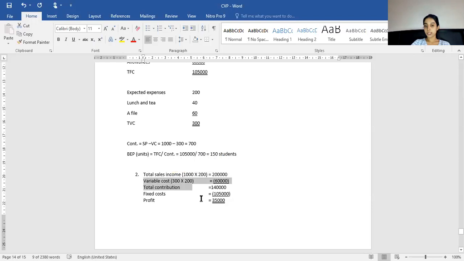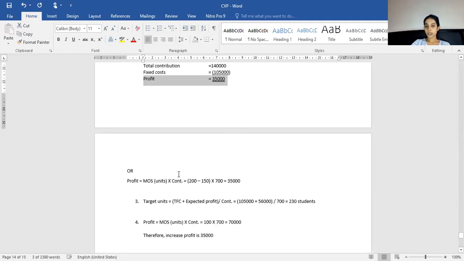Total variable cost is 60,000. And from that you can get the total contribution. When you deduct 105,000 of total fixed cost from that, you can get this profit of 35,000. And using the MOS units into contribution equation also, you can get the profit value. Okay.